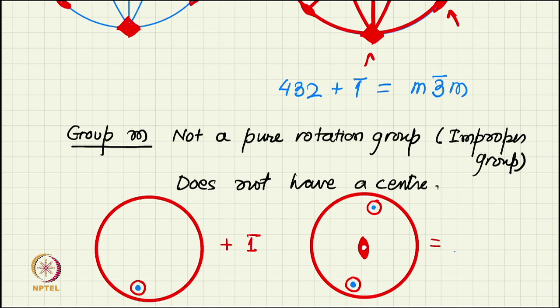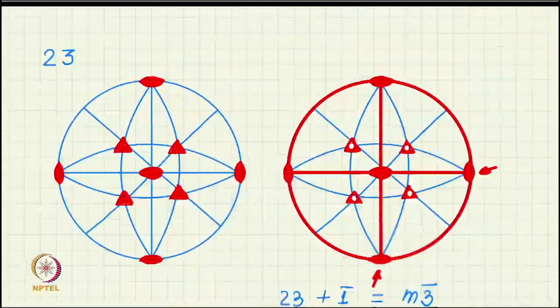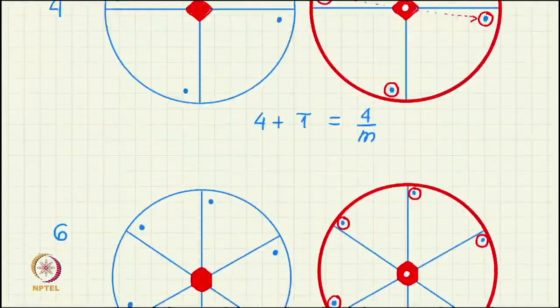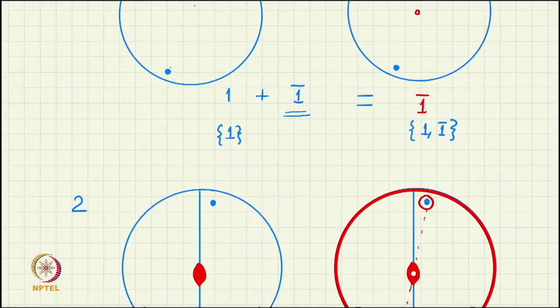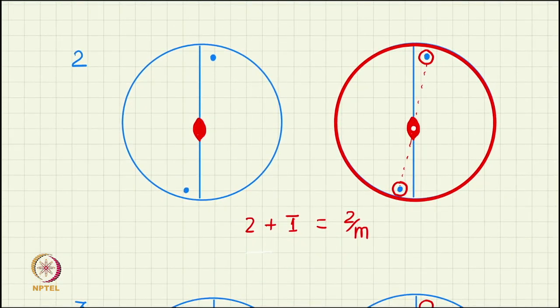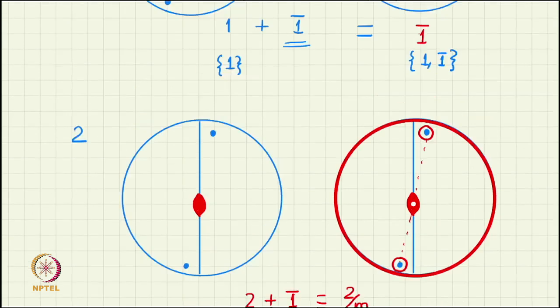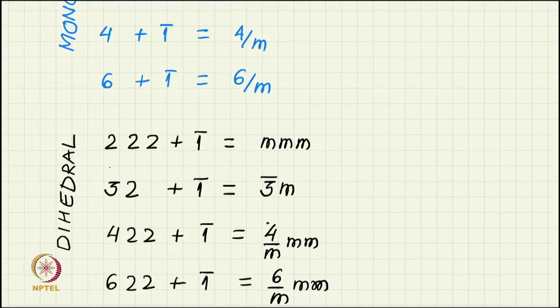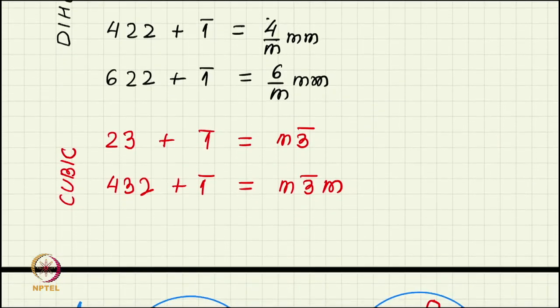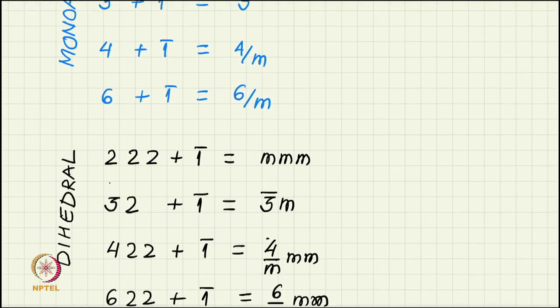So m plus 1 bar is also 2/m, which came to us from the operation 2 plus 1 bar. So in the remaining groups which are neither proper nor centrosymmetric, if you add a center of inversion, again you will end up with one of these 11 groups. So this is a complete list of 11 centrosymmetric point groups.